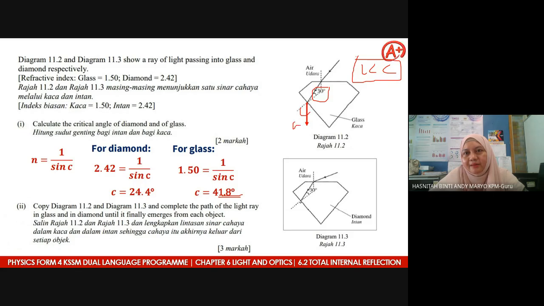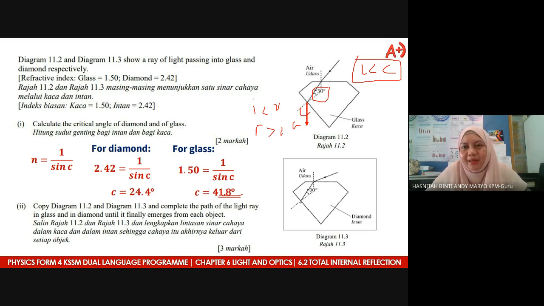Okay, since it is refracted away, I is less than R, or you can write R greater than I. Okay, here. So this is the correct drawing. So only one phenomenon is involved here, refraction. No total internal reflection.